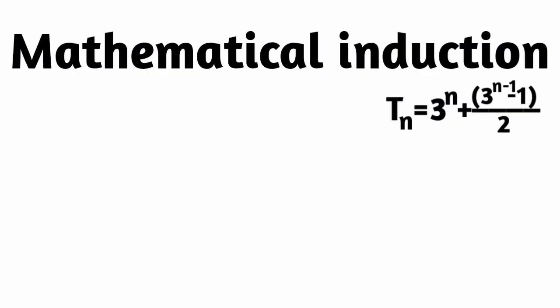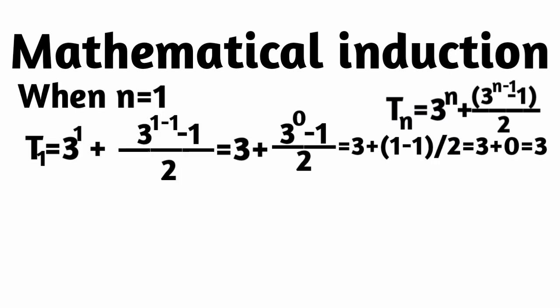Now, in order to confirm that the above nth term is right, we will try to prove the same nth term by using mathematical induction. In mathematical induction we have to use 3 values of n. Firstly, when n is equal to 1. Again when n is equal to k, we have to suppose it, and after that we will prove it for n is equal to k plus 1.